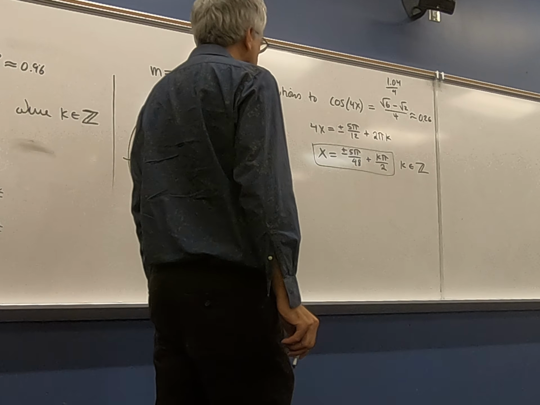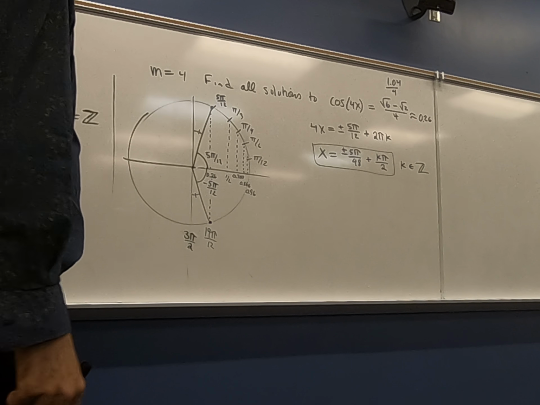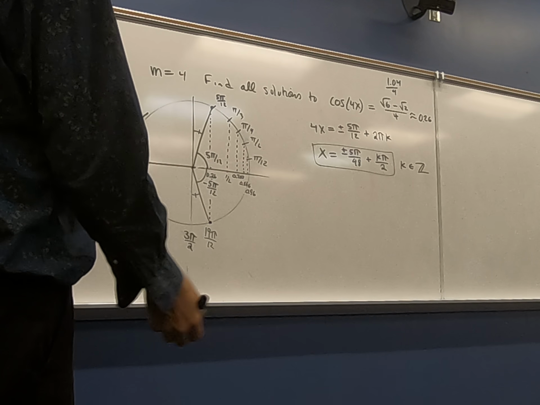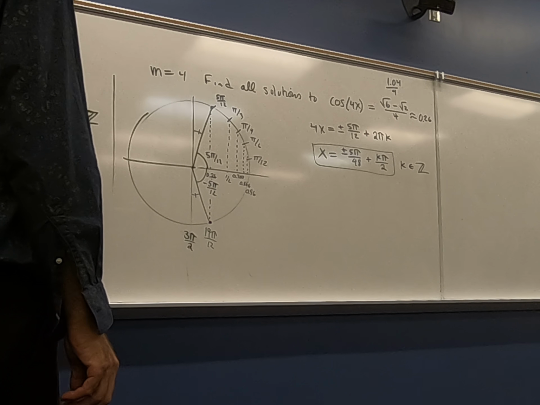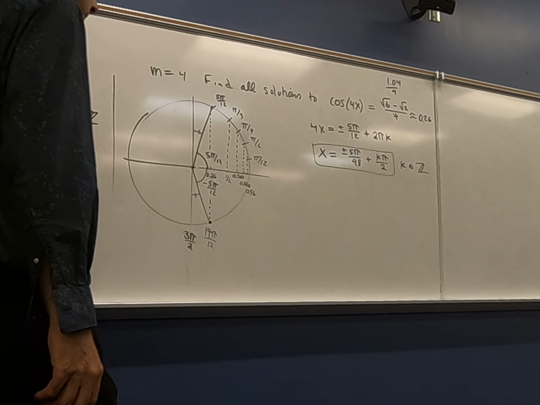How about, oftentimes what they do is they say you got infinitely many solutions, but there is a finite number of places on the unit circle, right? So what are those places? And can we say, find all values in the interval from 0 to 2 pi, say, right?